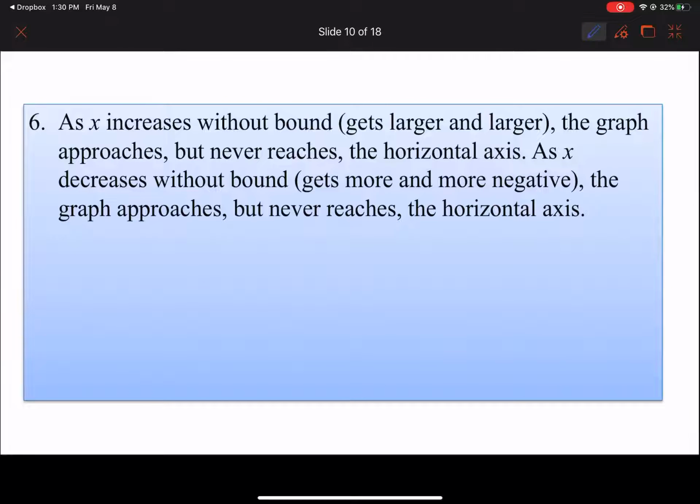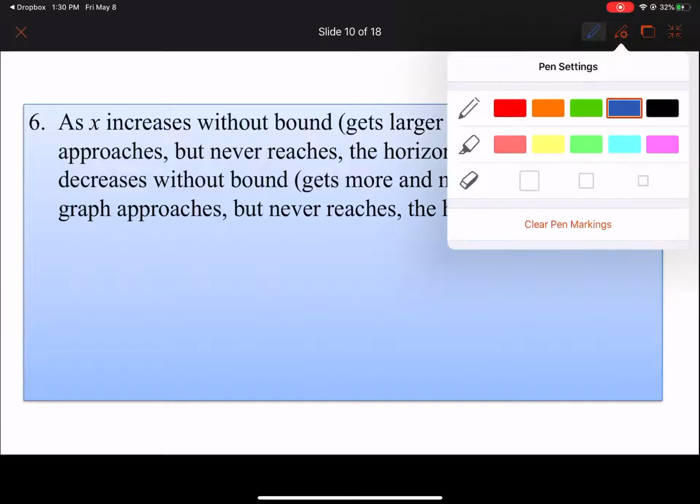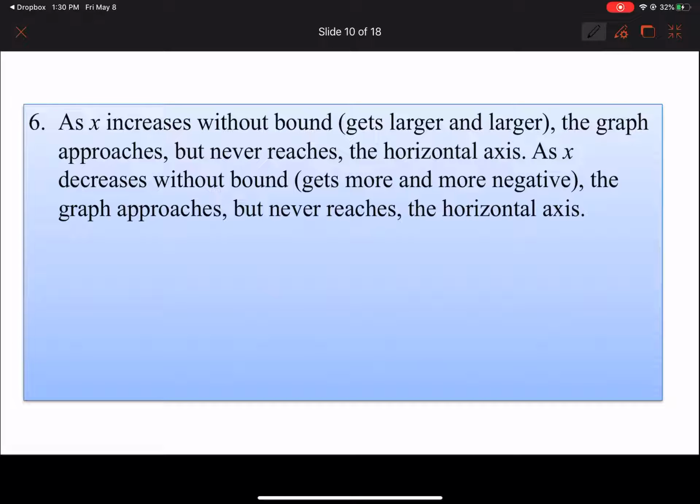Let's move on. As x increases without bound, gets larger and larger, the graph approaches but never reaches the horizontal axis. And as x decreases without bound and gets more and more negative, the graph decreases but never reaches the horizontal axis. Let me just draw a quick picture here. You guys remember asymptotes?